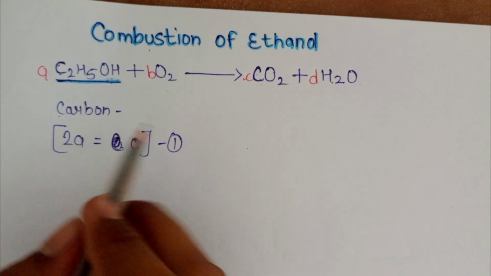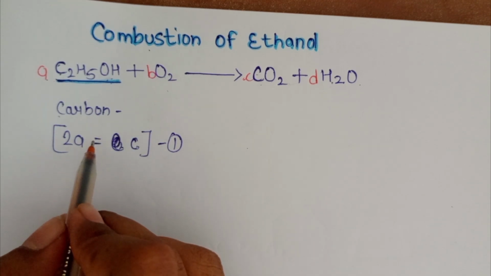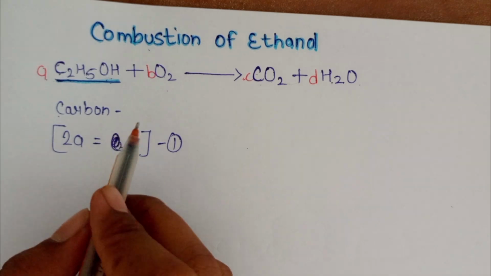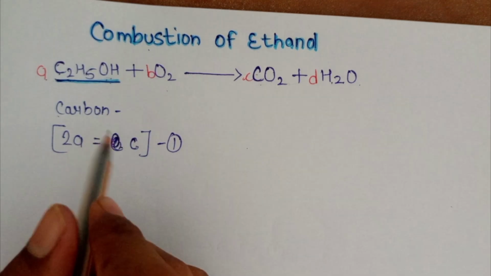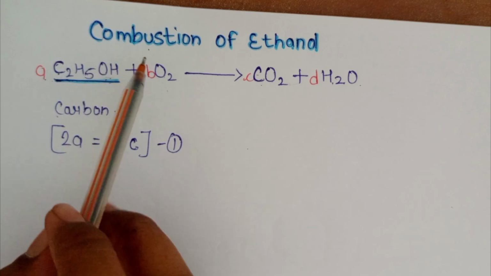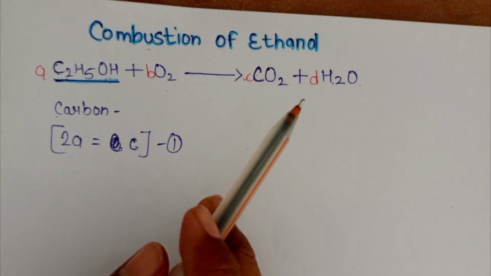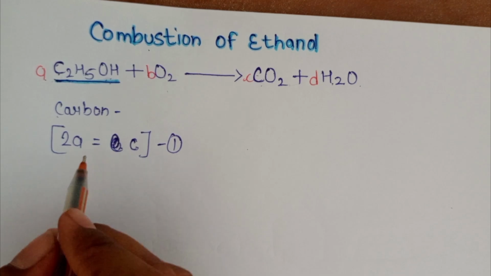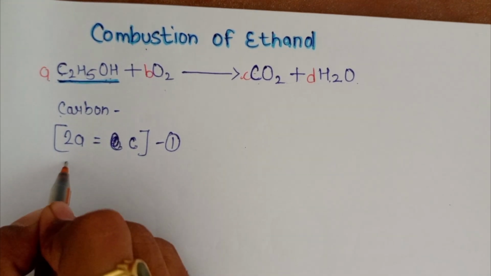We put an equals sign because we all know the law of conservation of mass: mass can neither be created nor destroyed. It means the atoms on the reactant side are always equal to the atoms present on the product side. That is for carbon. Now for hydrogen.